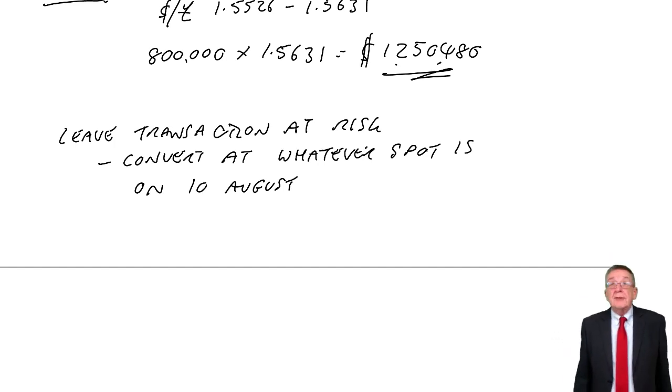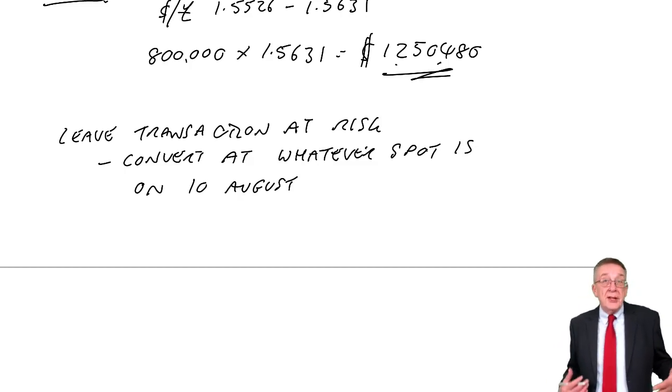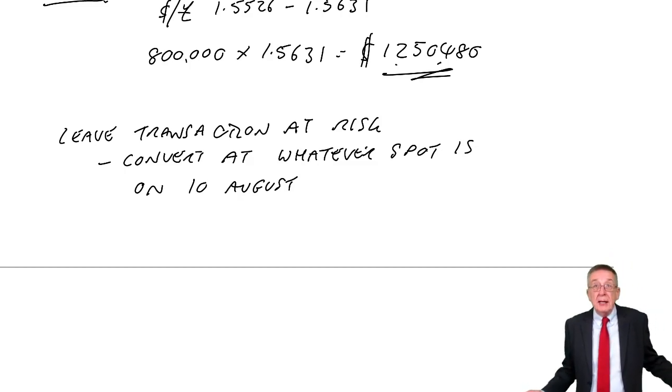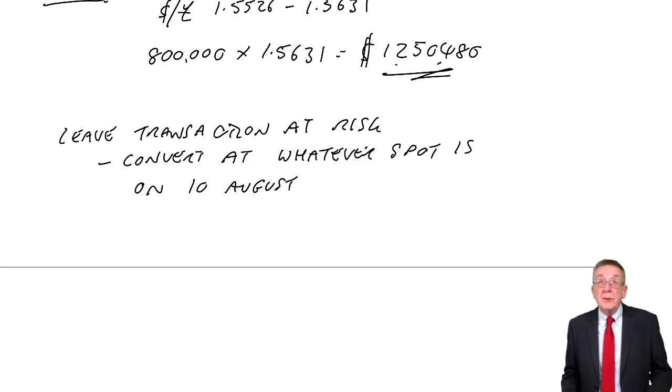So the transaction itself, we don't do anything. We leave it at risk. On the 10th of August, we'll convert on whatever the spot is. And of course, the spot could be anything. It could be better for us, it could be worse for us.